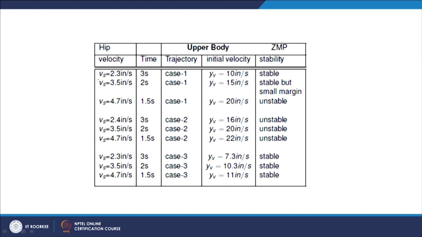Vs denotes the initial velocity of the hip. For different types of velocity the simulation is done.